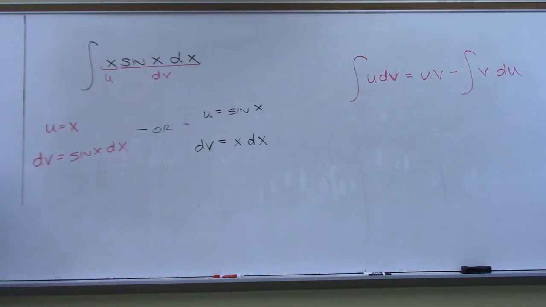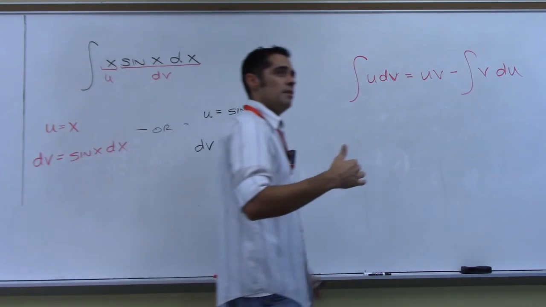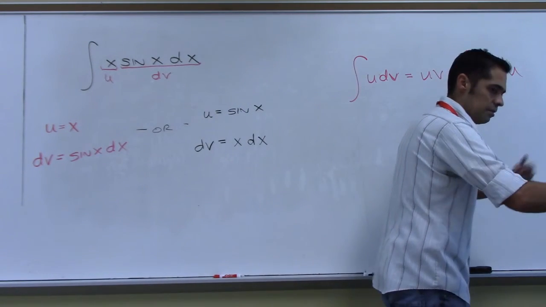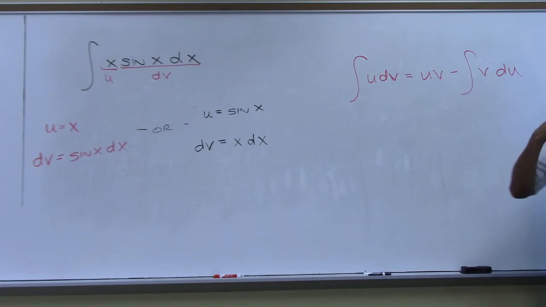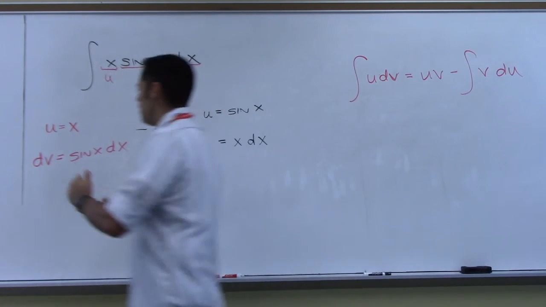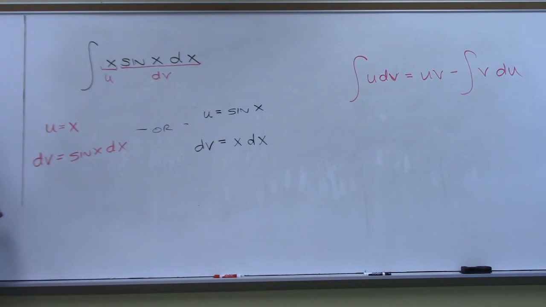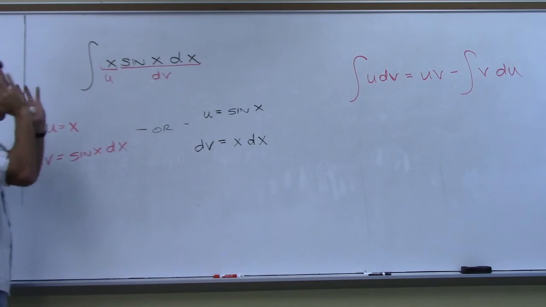What did I tell you integration by parts is? It's the new integral, right? But we are going to transfer the derivative. So if I do it this way, in my new integral, I'm looking into the future.